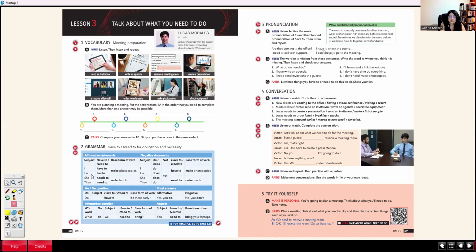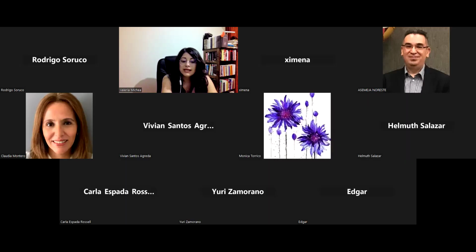But they are still considered modal verbs, right? So you can see that we are basing our review of the modal verbs on Unit 5, so it's related. So that's why last class we were checking most of the modal verbs.